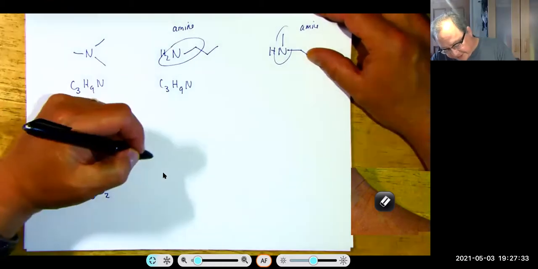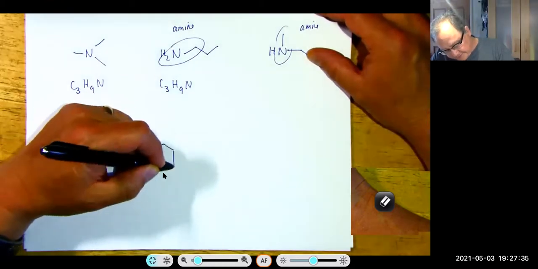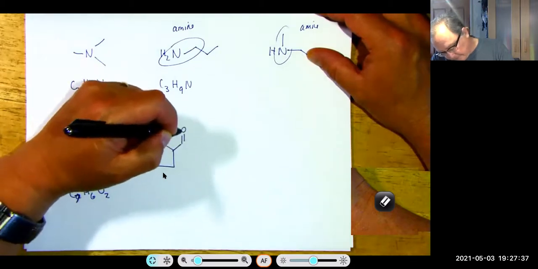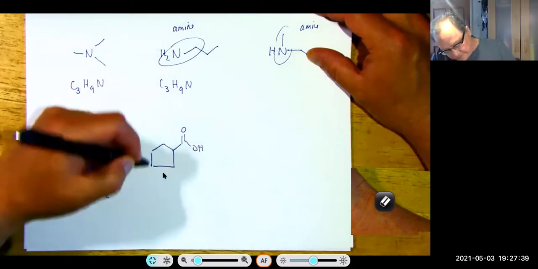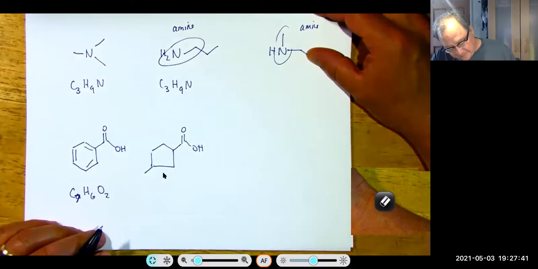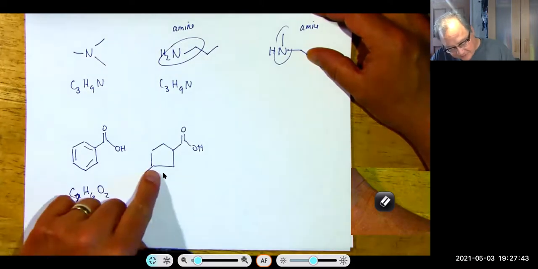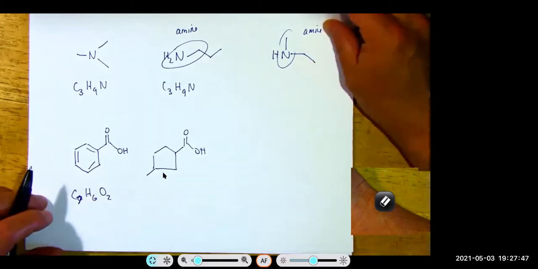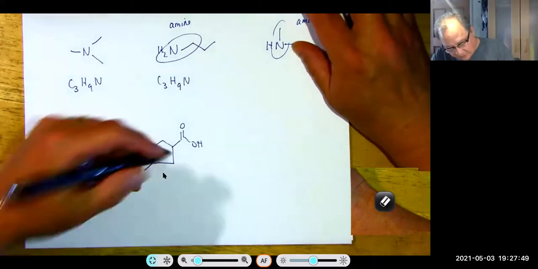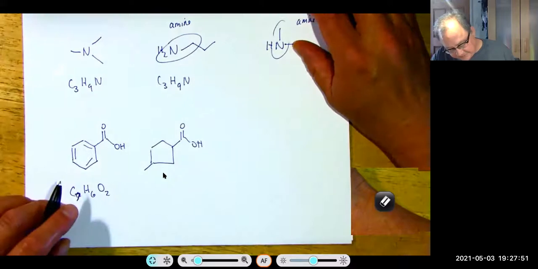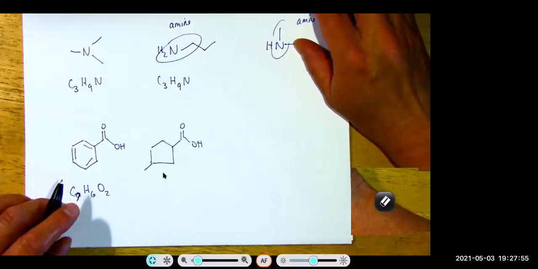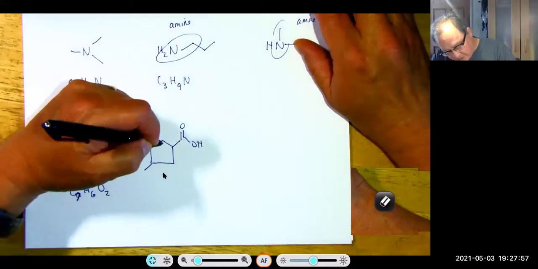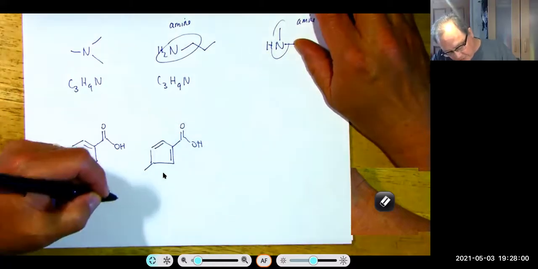You mean like this? Pentane with a methyl? Yeah. Okay, we could try that. How many double bonds do you want to put inside of here? What if we put one here, and one there?